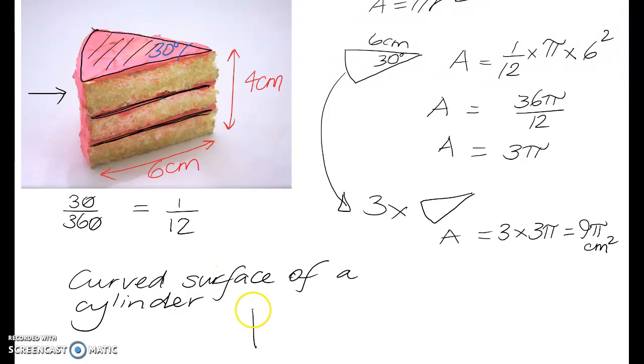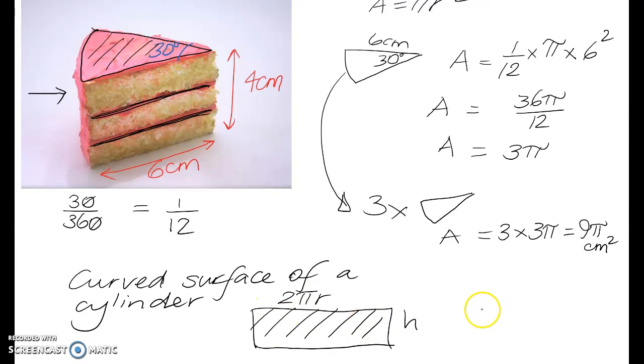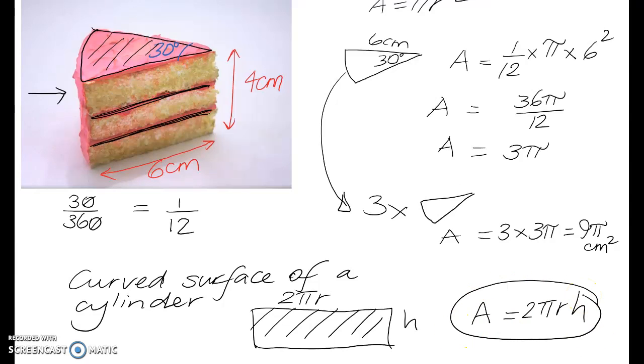That's actually the same as a rectangle, which has a height, and the length is the same as the circumference of the circle, so that's 2 pi r. And that area in there, therefore, is 2 pi rh. So that's the curved surface formula of a cylinder.